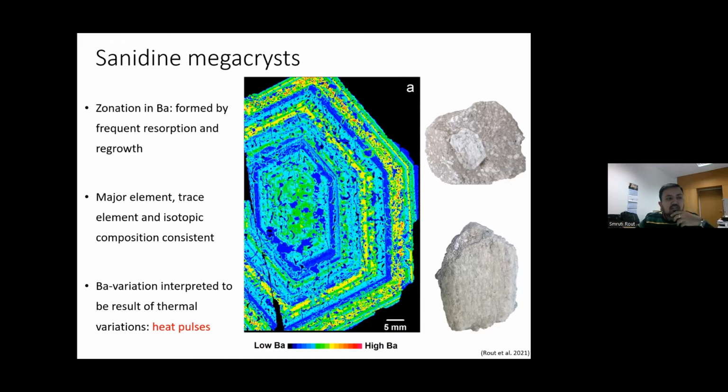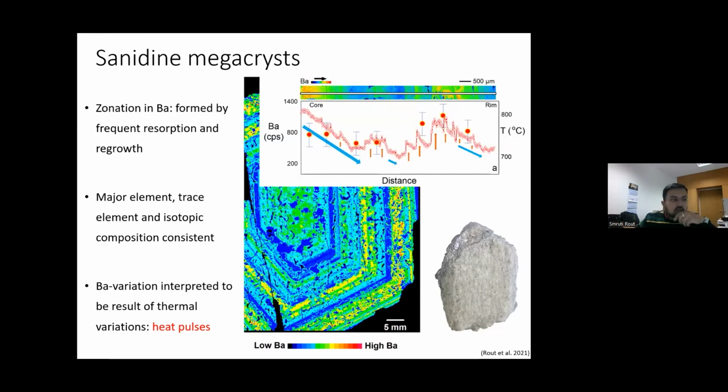Now, the barium variation in these crystals is interpreted to be a direct effect of thermal changes, to the extent that the barium trends can be taken as a proxy for the temperature changes. And this is also supported by the intracrystal thermometry.